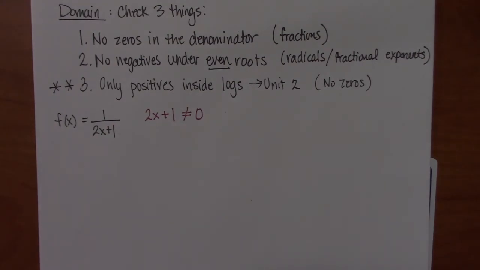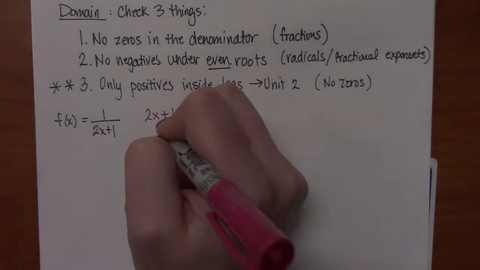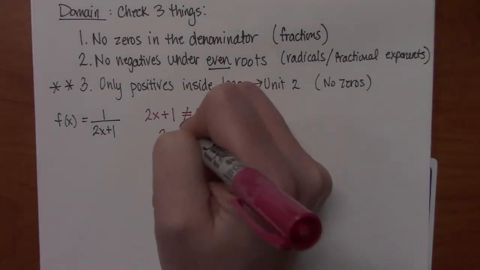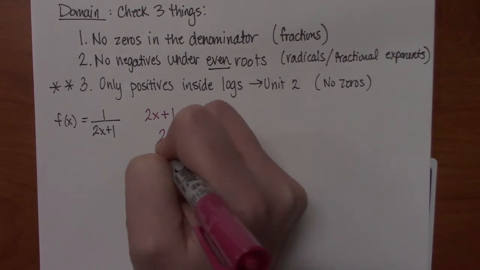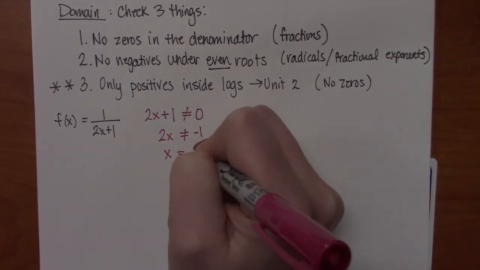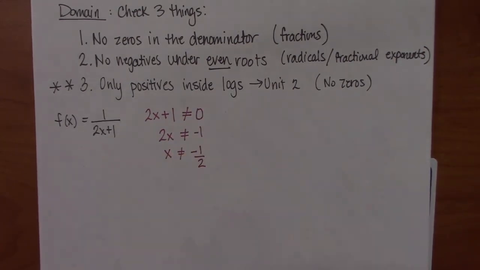And then we're going to solve this for x. So that means that 2x cannot be -1 and x cannot be -1/2. So when we say not equals, you just treat it like an equal sign when you're doing the algebra, right? And so that's telling me, all right, x is not allowed to be -1/2.